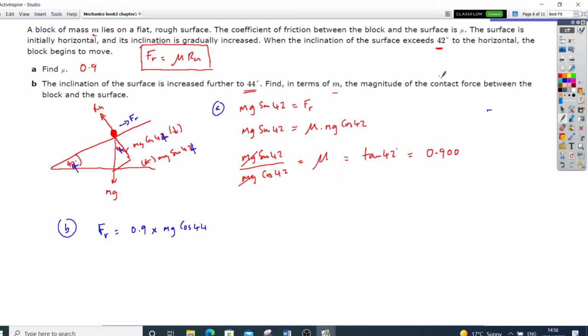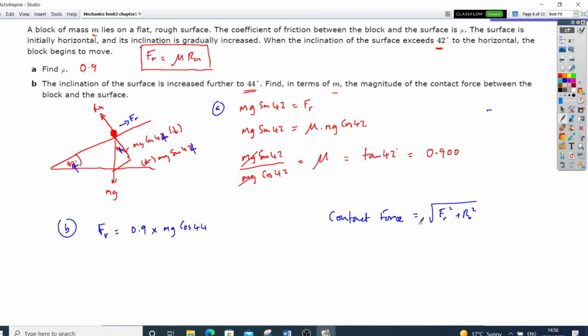So we know that the magnitude of the contact force is, let's put contact force, it's going to be the square root of friction squared plus Rn squared.